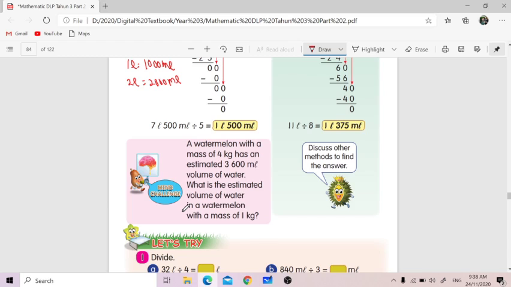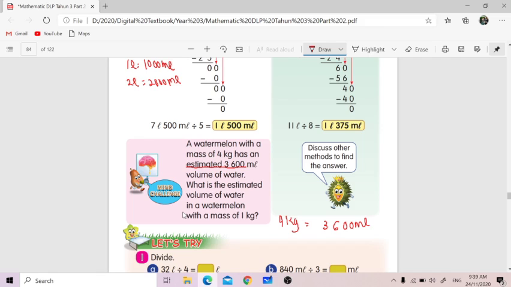So here, dia cakap, a watermelon with a mass of 4 kilogram. So 4 kilogram, dia kata ada 3,600 ml. Estimated, estimated maksudnya anggaran. 4 kilogram anggaran air dia 3,600 ml or 3 liter 600 ml.